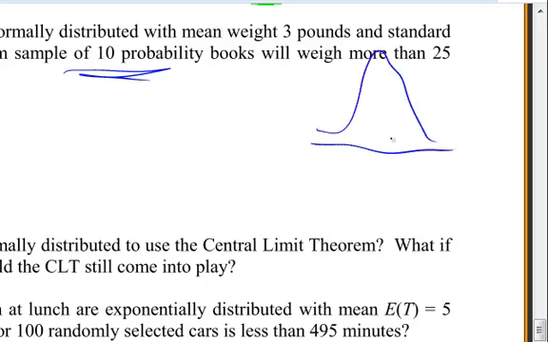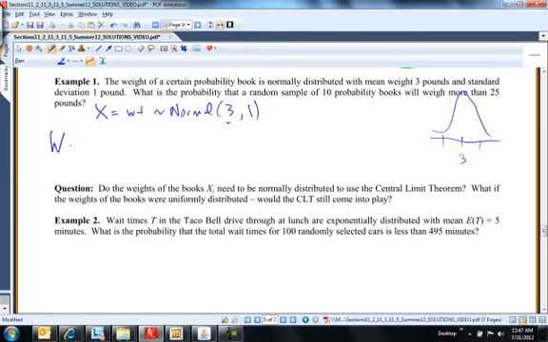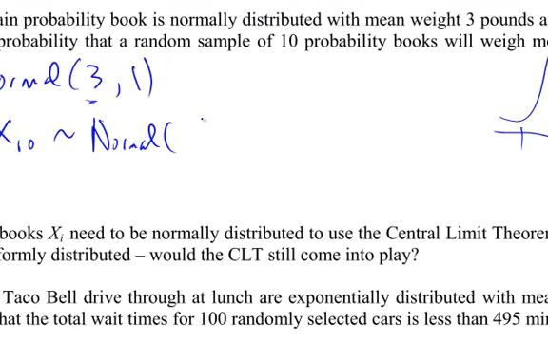The weights will be somewhere in here, 3 pounds plus or minus a pound. I add 10 of them together, so let W be the total weight, X1 plus X2 plus through X10. The total weight should be normally distributed. The mean of this should be the mean plus the mean plus the mean, so 3 is the weight. 10 of those will be 30 for the total weight.